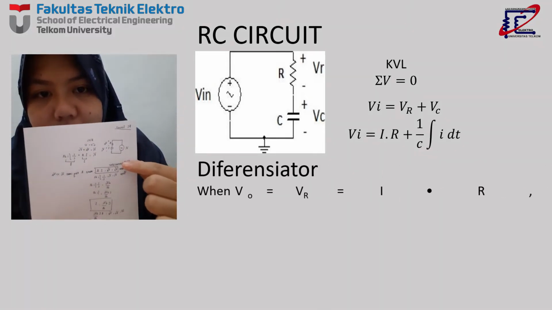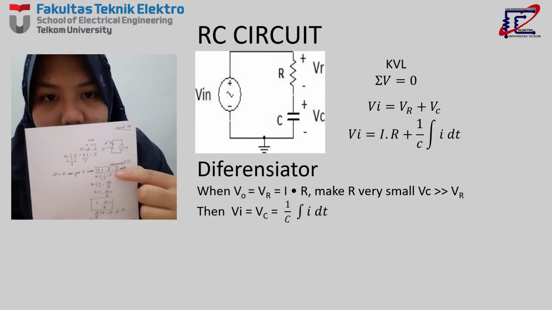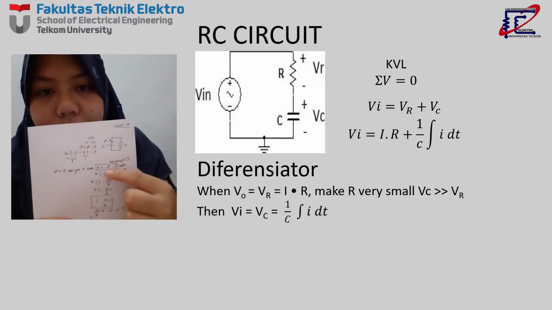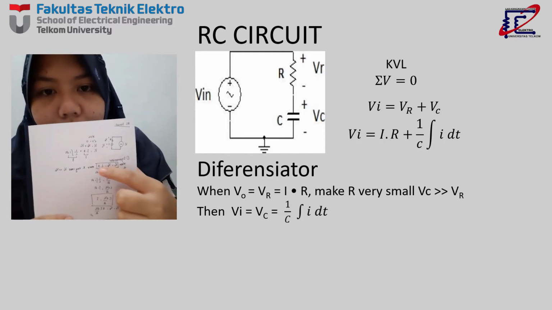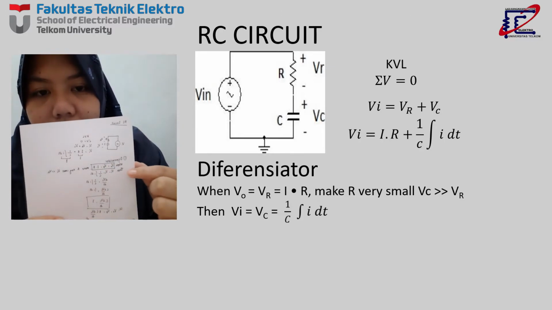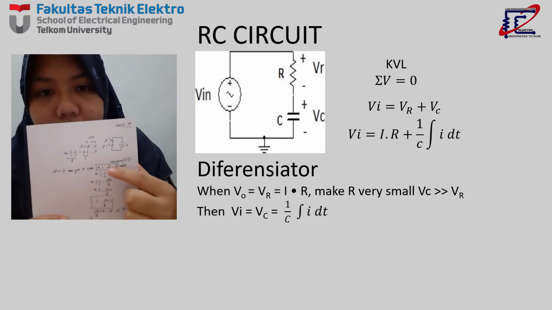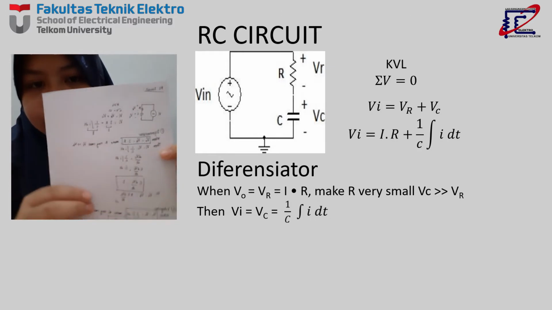First, differentiator. When VO equals VR equals I times R, then VE equals VC equals 1/C integral I dt.